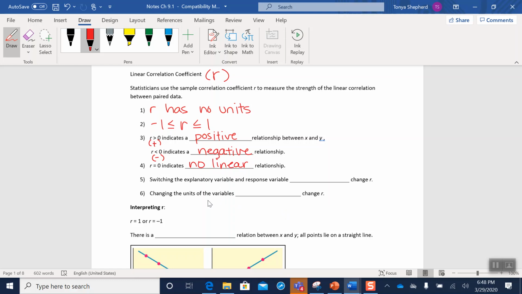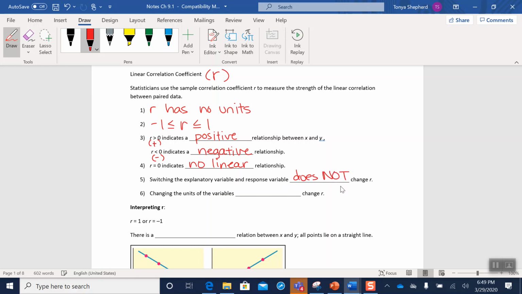Now, the really interesting thing about this, kind of surprising actually, is that most of the time, if you switch your x and y values, you'll get a completely different answer to the question. But if you switch around your choice for x and your choice for y and actually use them backwards, it does not change the value of R.